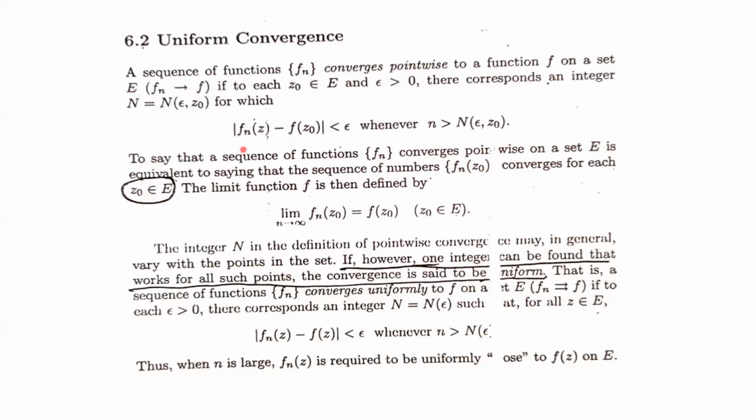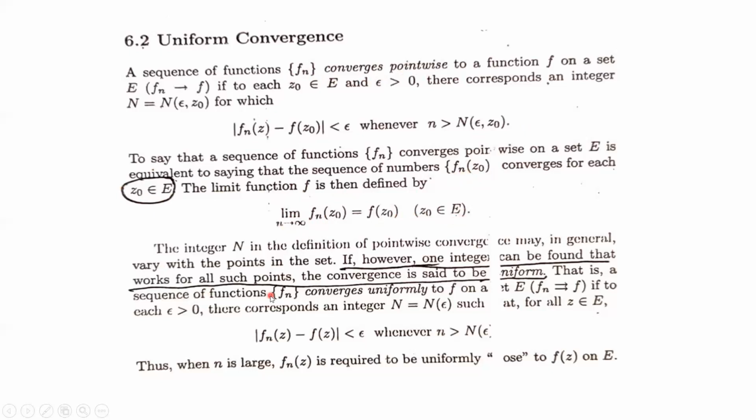So whenever we refer to f_n converging pointwise, that simply means for each z naught belonging to E, this sequence of complex numbers f_n(z naught), n greater than or equal to 1, converges. The limit function f is then defined as the limit as n tends to infinity of f_n(z naught) equal to f(z naught) for all z naught belonging to E.